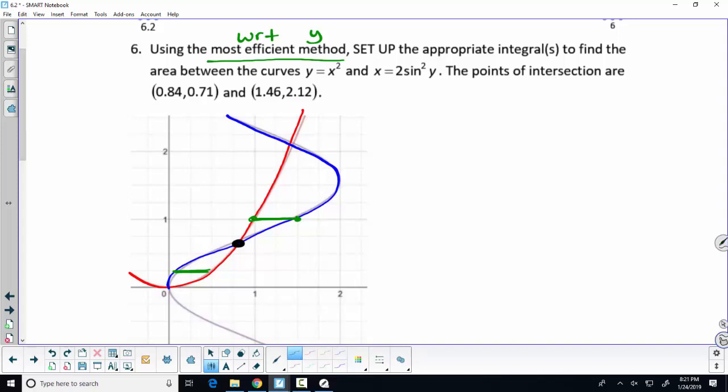So let's label our points here. Origin 0, 0. This first point of intersection is 0.84, comma 0.71. And the next point, 1.46, 2.12.